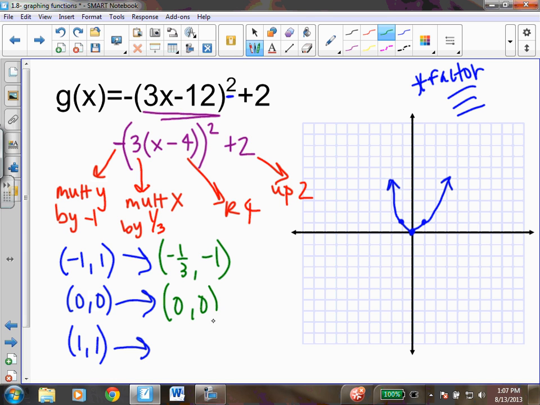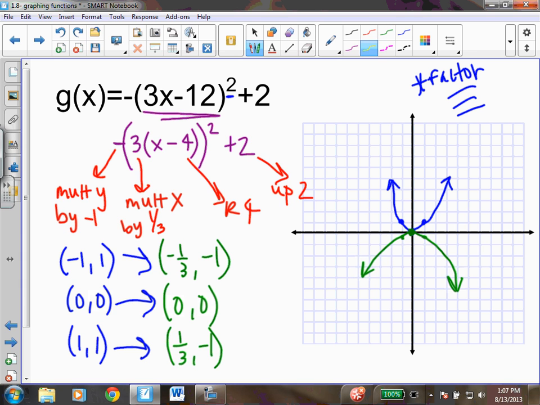This stays 0, 0 for now, and this becomes 1/3 multiplied by the x, and negative 1 multiplied by the y. So I've got 0, 0. I have to approximate where 1/3 is going to be. I'm just going to say it's about right there on both ends. So the graph is going to get wider and flip upside down.